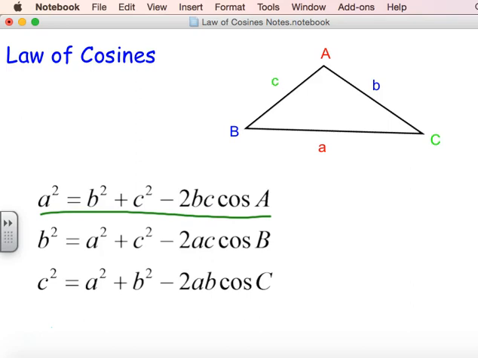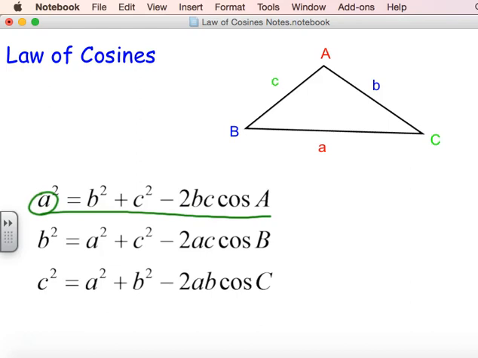So essentially, if you got your triangle up here, remember the little a, b, and c are sides, and capital A, B, and C are your angles. So if we want to find the side, any of the sides, let's say we want to find A. Well, your formula is going to be A squared equals your other two sides, B squared plus C squared, minus 2 times the same two sides.